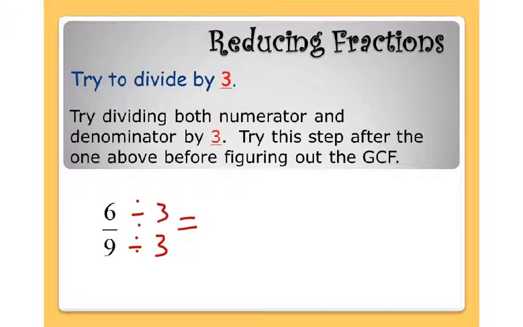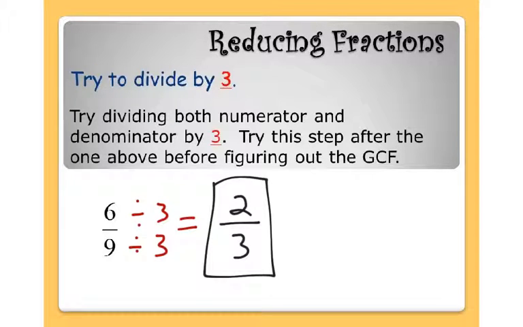And when I do that, I end up with a reduced fraction of 2/3. That is the final answer to 6/9 reduced. So try dividing by 3 if you are done completing the cutting in half step, or if you see that both the numerator and the denominator are divisible by 3.